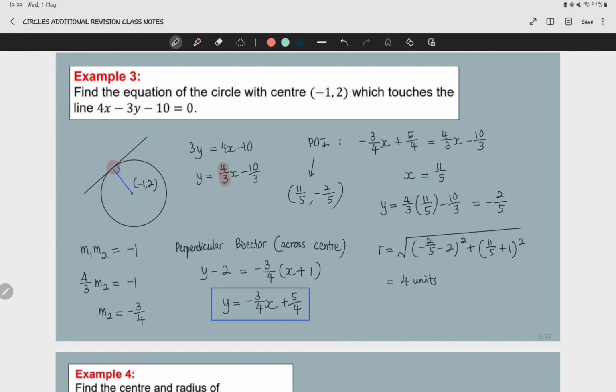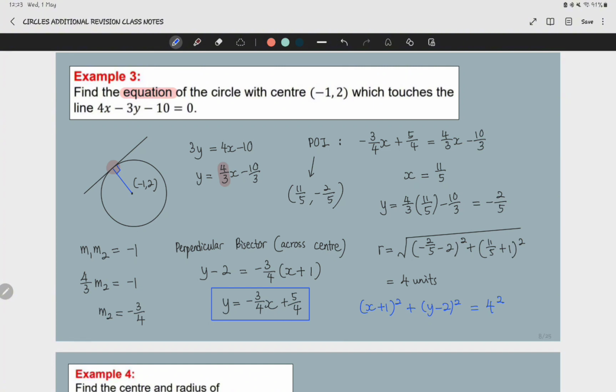Okay, but now what does the question want? The question wants the equation of the circle. So substitute everything that you have from just now. (x plus 1) squared plus (y minus 2) squared equals 4 squared. Okay, and then you expand it, then you simplify it, then you will get the equation of the circle.